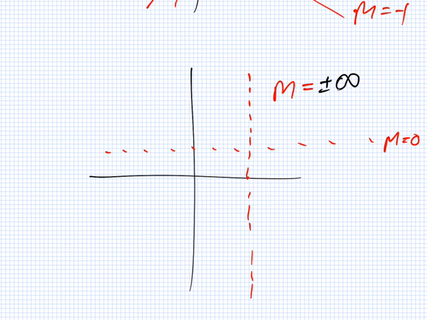Yeah, undefined, or if you want, plus minus infinity. Because you keep going up, till it's vertical. Why do I have a minus though? Because you can make the same line if you go down. If you keep going down, you can make a vertical line as well. So there's actually two possibilities here, plus or minus.